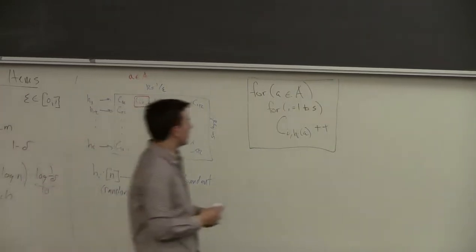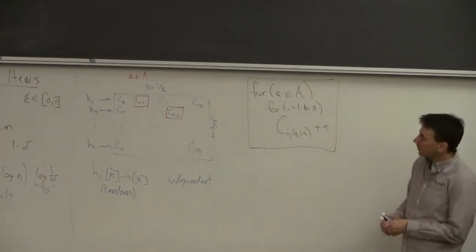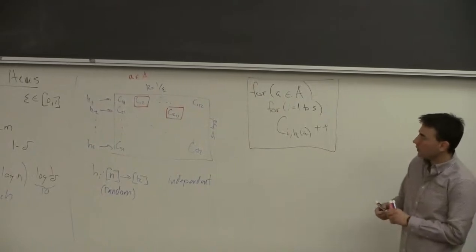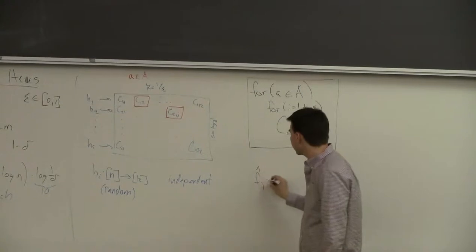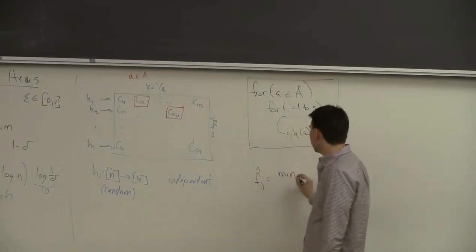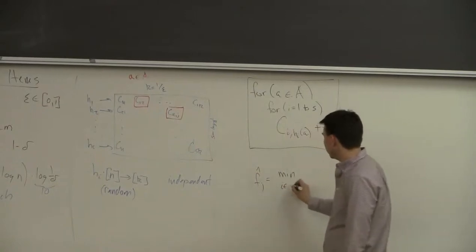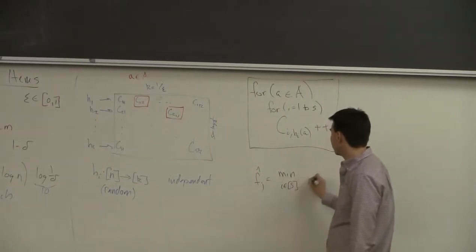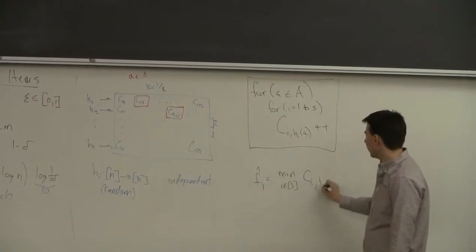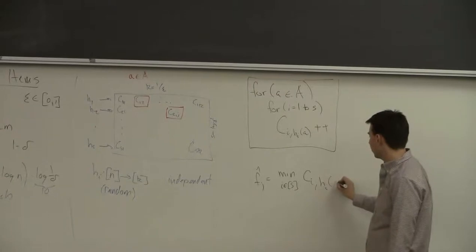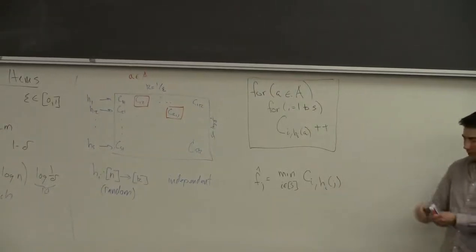Okay, so how do I return something? Now I'm going to set fj hat equal to the min over i in S of C i, hash i of j.